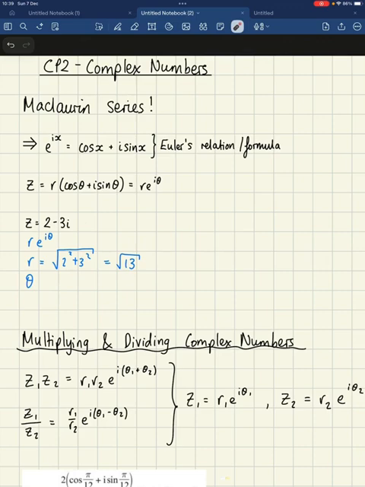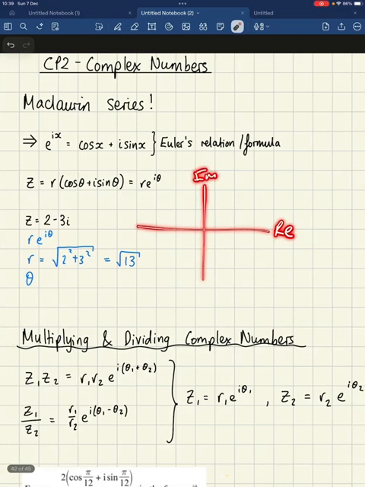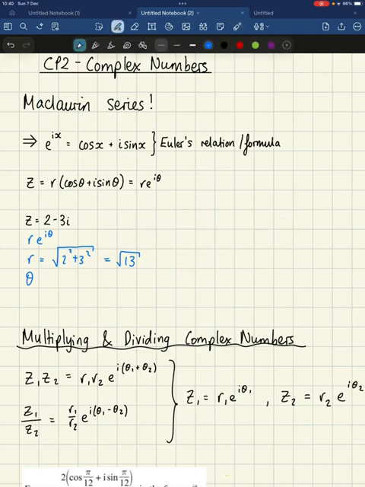Well, if we sketch z on the real-imaginary axes, 2 minus 3i, here we go. So our argument is negative theta. So theta is just going to be minus arctan of 3 over 2, and to 3 significant figures, this is negative 0.983.